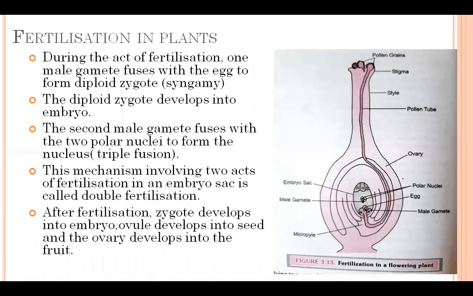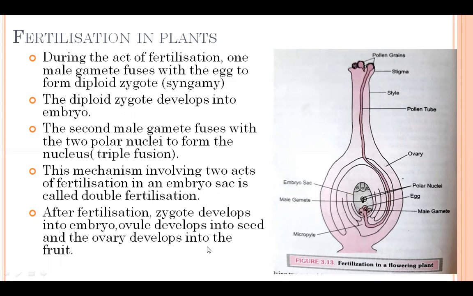Clear? These things are very important: which part of the plant develops into fruit and which part develops into seed. So after fertilization, zygote develops into embryo, ovule develops into seed, and the ovary develops into the fruit.